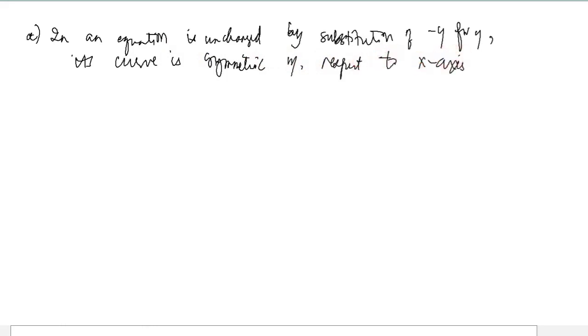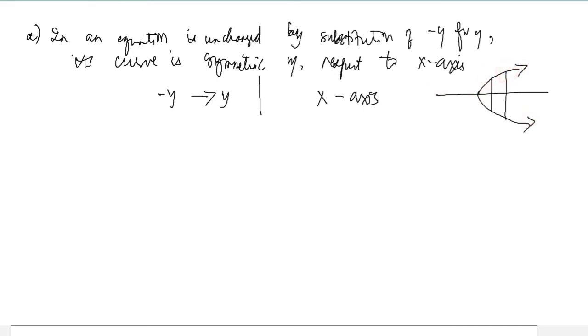Okay? So, pag nag-substitute ka ng negative y para kay y at hindi nagbago yung equation natin, then it's symmetric with respect to the x-axis. So, parang ganito. Kapag yung curve na yan, symmetric siya with respect to the x-axis. Yun yung symmetry. Okay? Sa x-axis tayo.